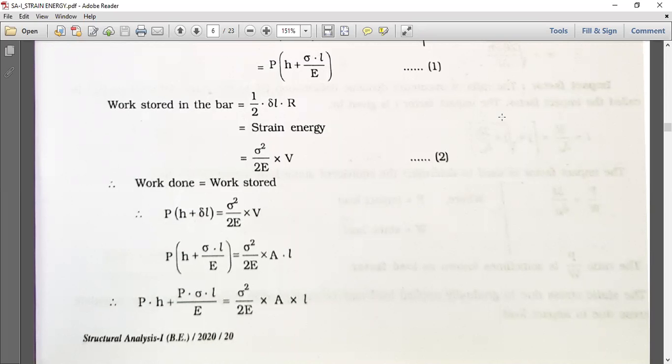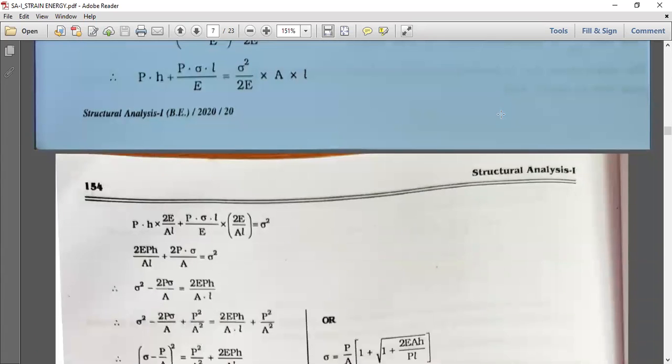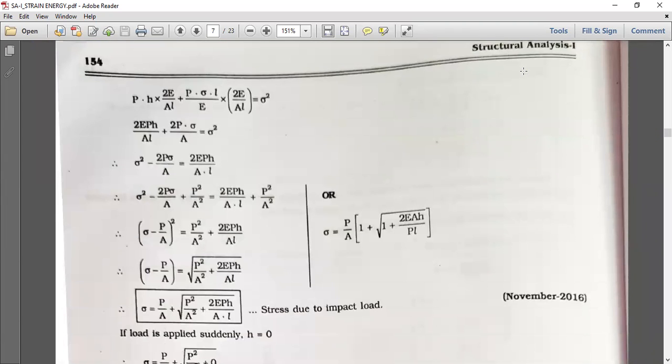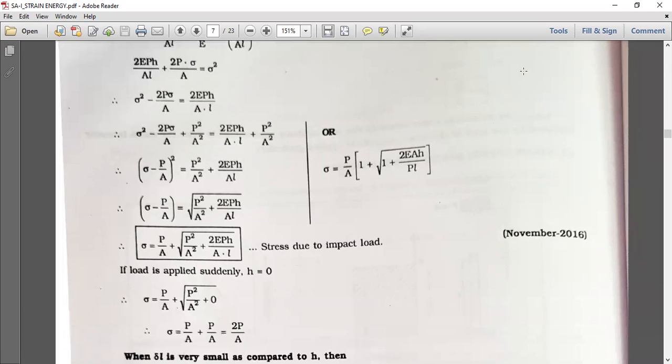Through the mathematical solution, we can get the result after solving and putting in values of sigma, volume, delta L, etc. The final result is sigma is equal to P by A plus under root of P square upon A square plus 2E PH upon A into L, the stress due to impact load.